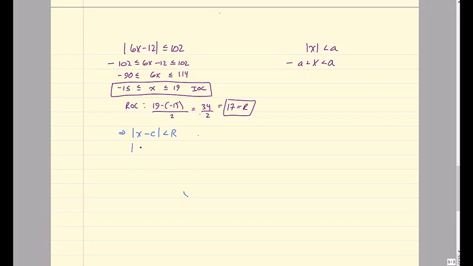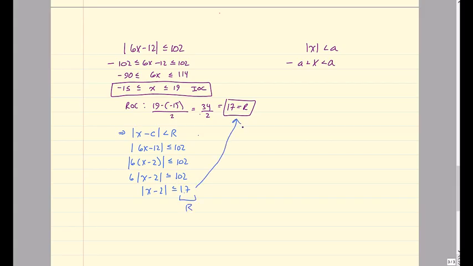So if we take this |6x minus 12| less than or equal to 102, I could factor a 6 out of here. And the absolute value of 6 is 6. So I could divide both sides through by 6, and I have the absolute value of x minus 2 is less than or equal to 17. So there's my radius of convergence, 17.